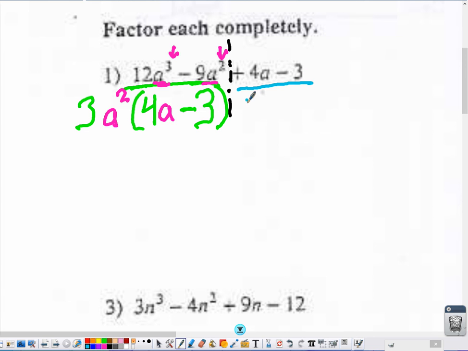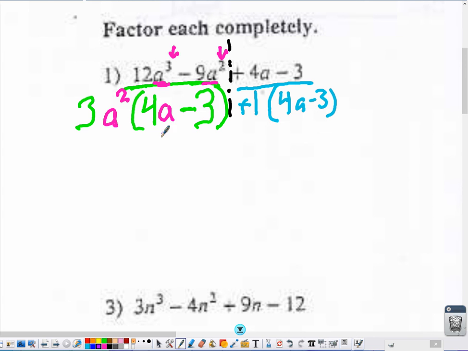So what do I do? I put plus 1. If it doesn't look like they have anything in common, just use plus 1. And you write 4A minus 3. Now this is the weird part. This is the really weird part. So bear with me.